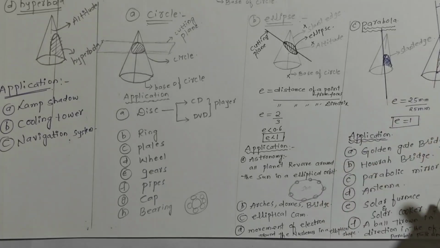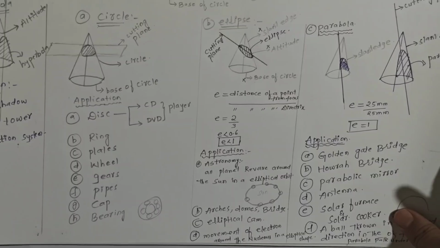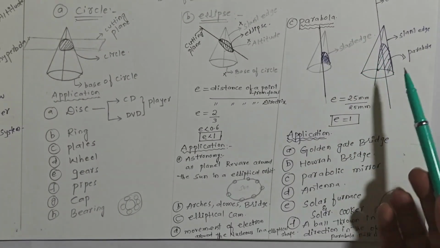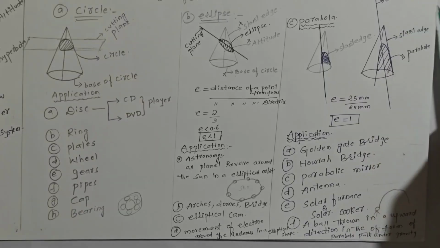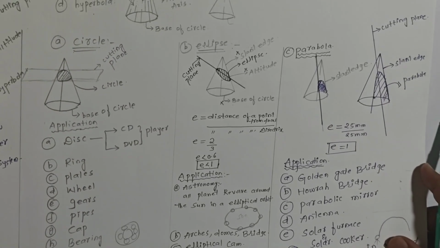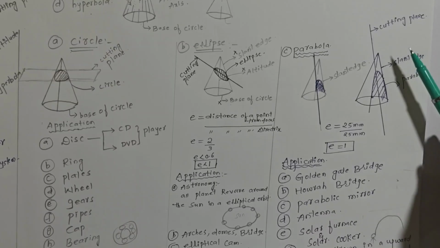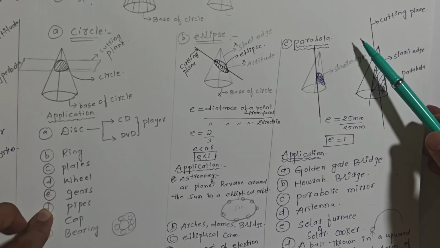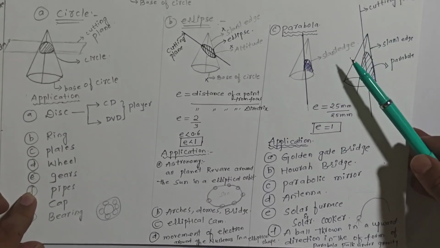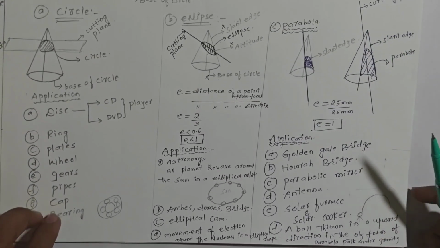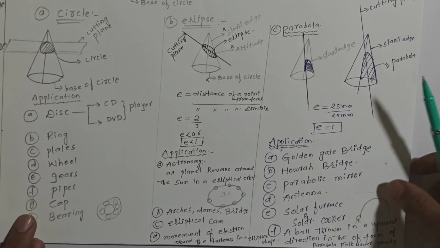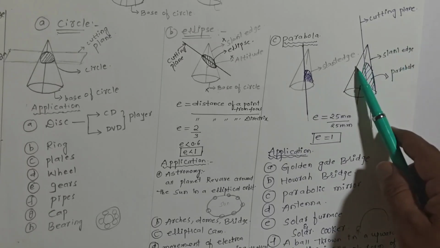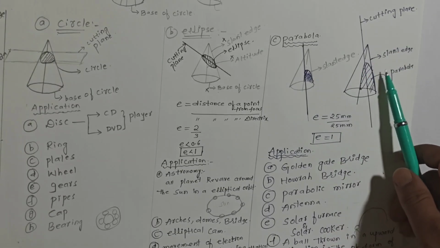Then the next one is the parabola. Let us see the parabola. We need to cut the cone in such a way that the cutting plane is parallel to the slant edge.